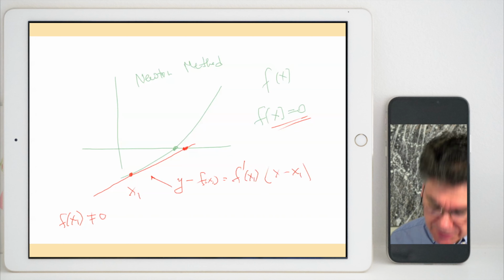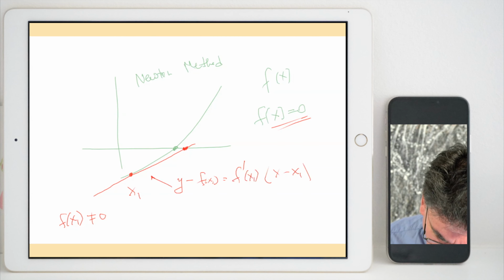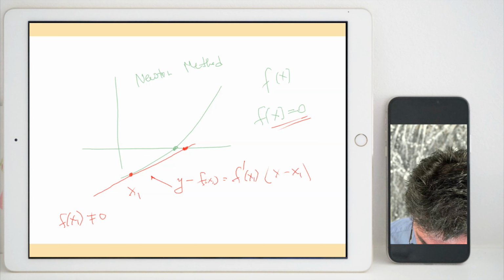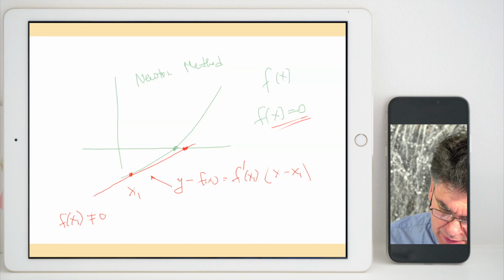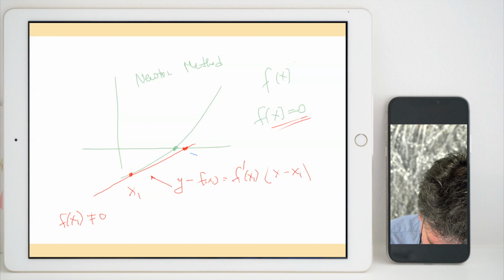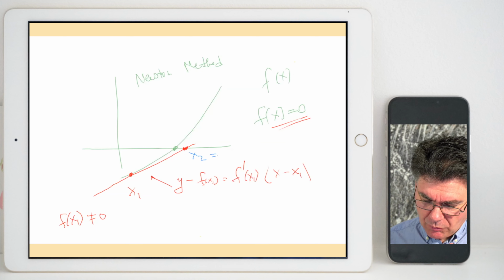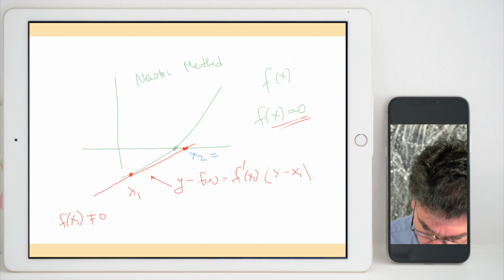So I can solve for this tangent line, and I can find what we call x2. I want to put x2 in blue. So x2 is the zero of the tangent line, what I obtain when I make this tangent line equal to 0.